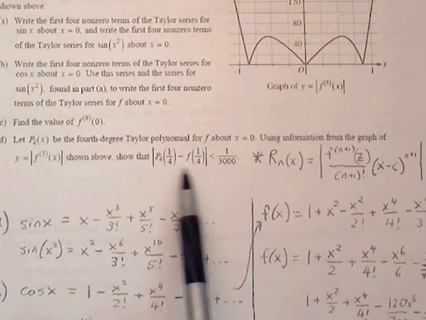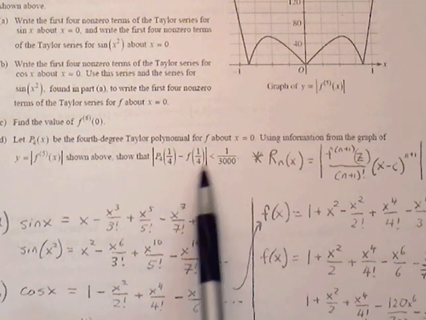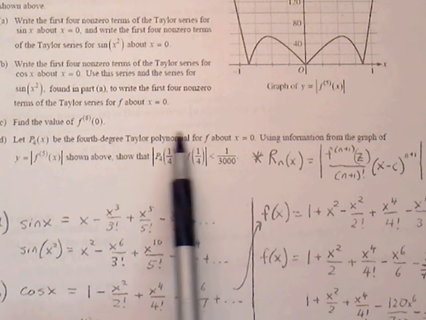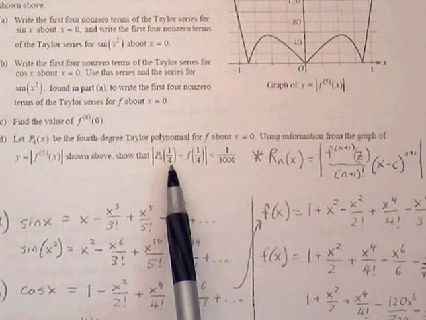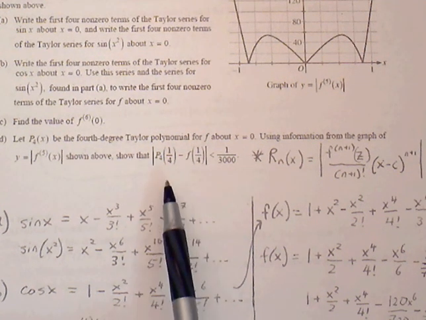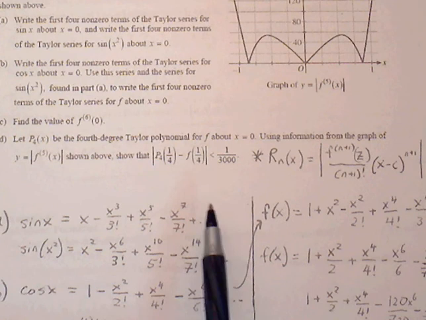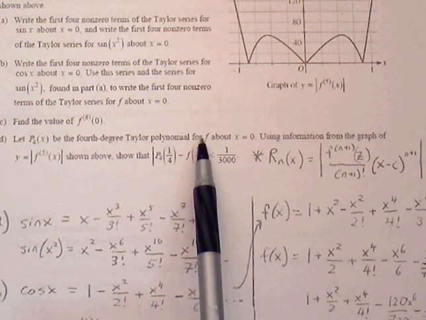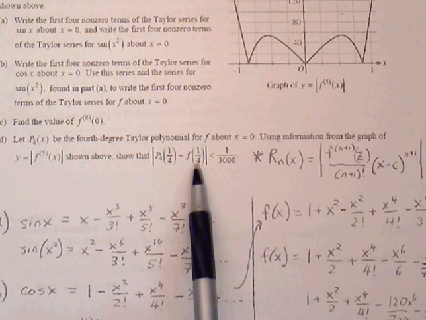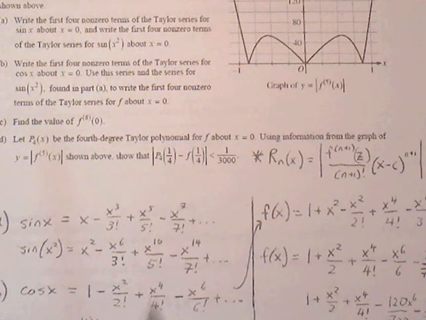Now this is representative of the remainder. Okay, so this is another expression for remainder. Remember, we said the remainder is simply the function minus the polynomial approximation. But there's an absolute value bar here, so it really doesn't matter which order we subtract those in.